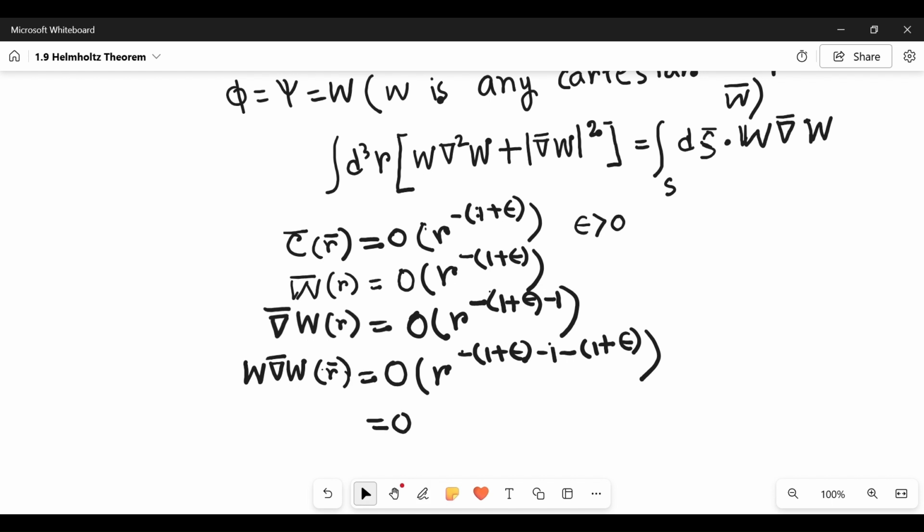So finally, R to the power minus 3 minus 2 epsilon. As the surface dS is located at infinity, if we take the integral all over the space, it is obvious that W multiplied by gradient of W has to be 0 at infinity.